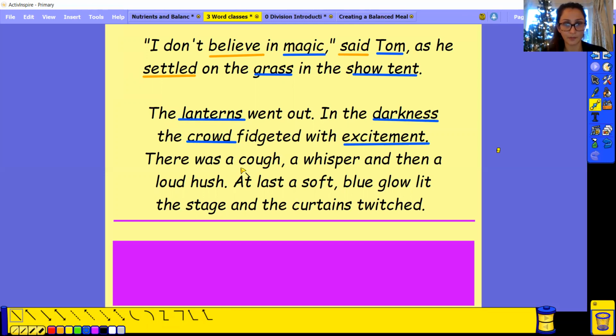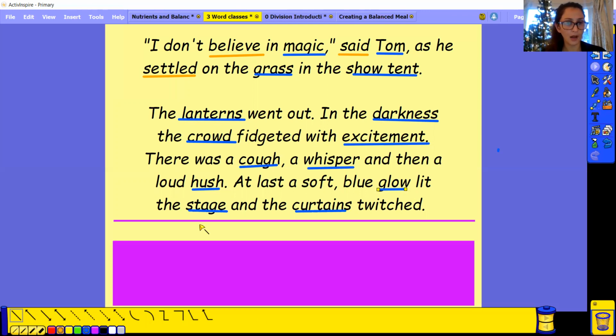Remember, in this sentence, they are nouns, and a loud hush. At last, a soft blue glow lit the stage and the curtains twitched. So stage is one and curtains is one. I'm going to read that again. At last, a soft blue glow lit the stage. Yeah, I think that one's probably a noun as well.